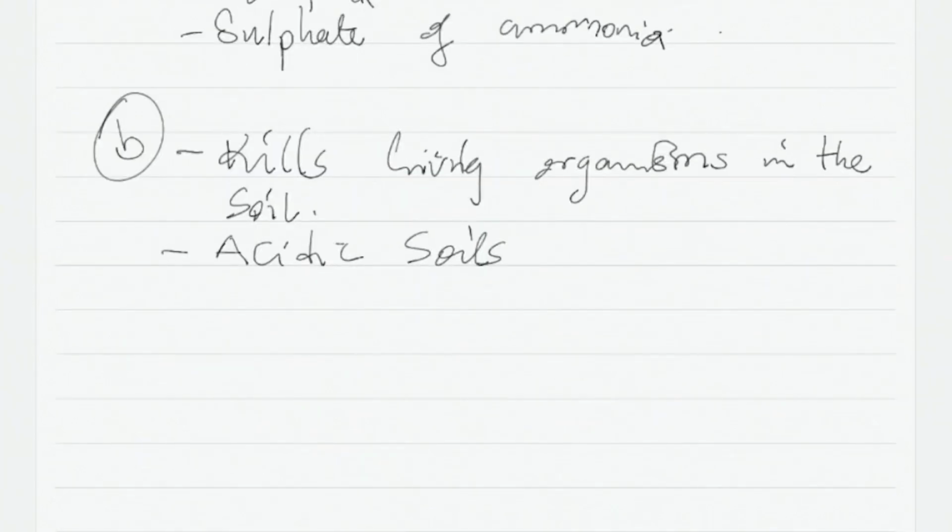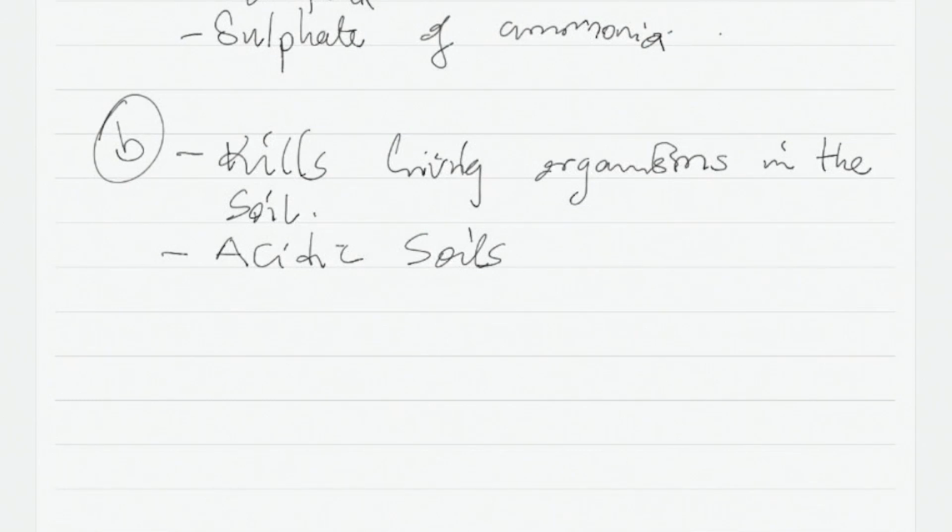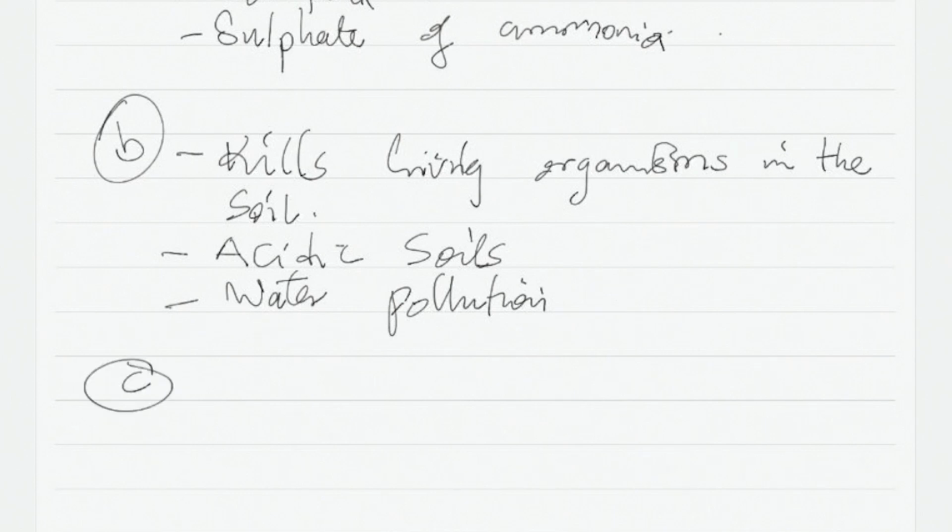Excessive use will lead to soil acidity. And also water pollution, where when they are applied and then it rains, all the fertilizers, all the chemicals, are swept into the river, and it is going to cause water pollution.